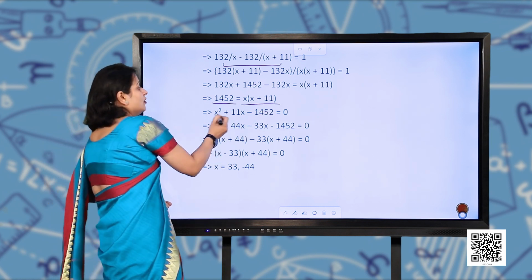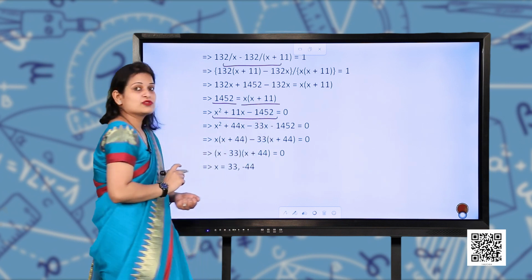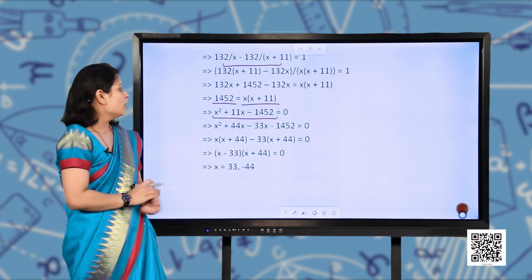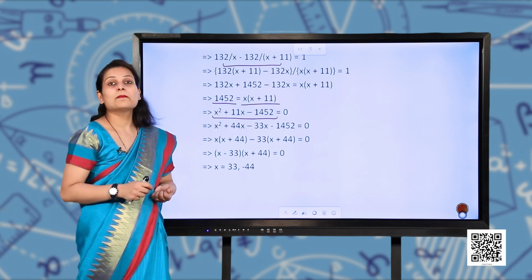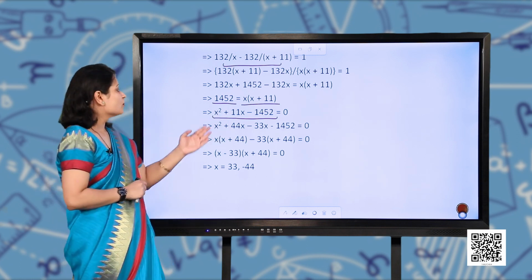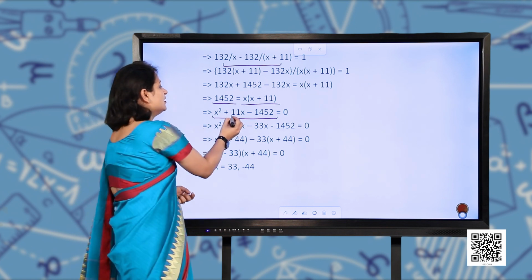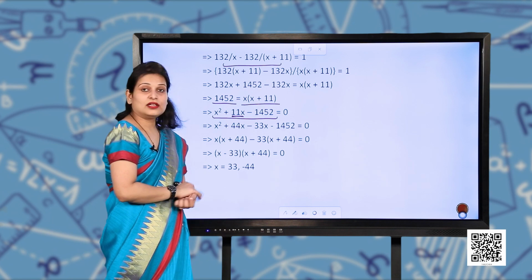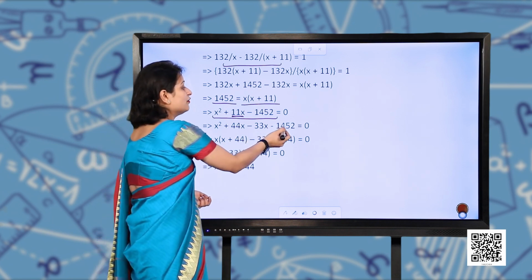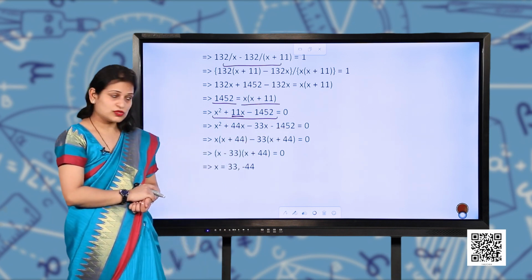Now, this equation can be solved by using the factorization method. So, we will get two numbers, which are 44 and minus 33. So, x square plus 11x minus 1452 equals 0 can be written as x square plus 44x minus 33x minus 1452 equals 0.